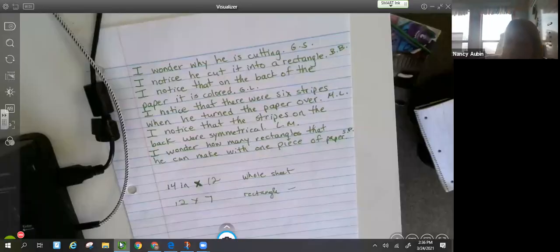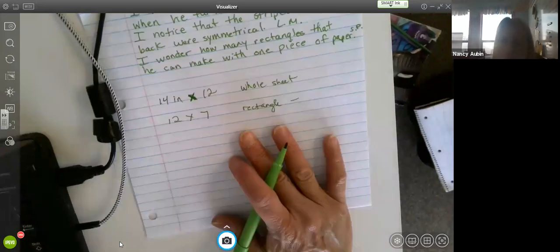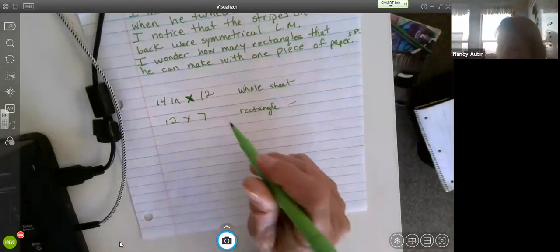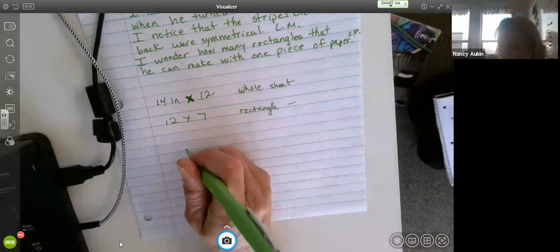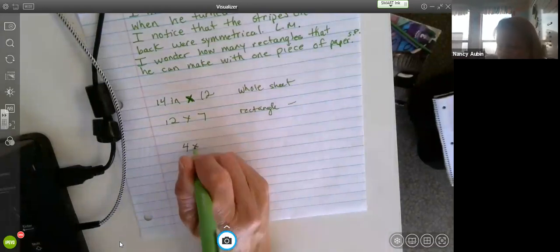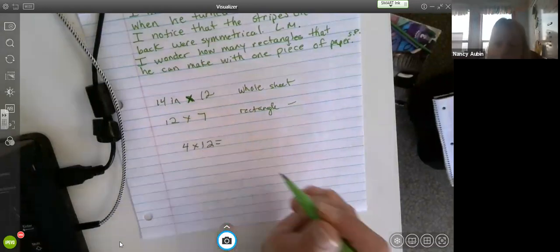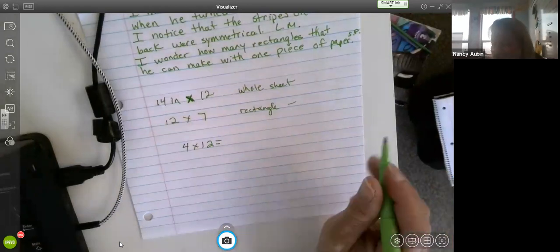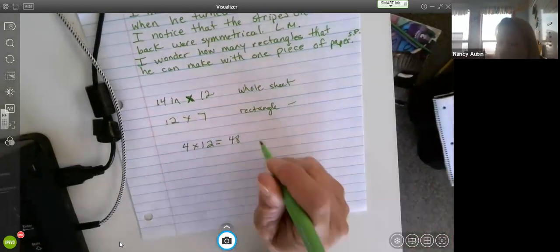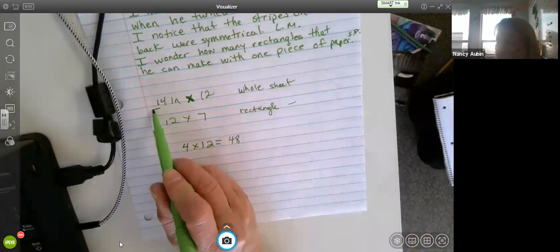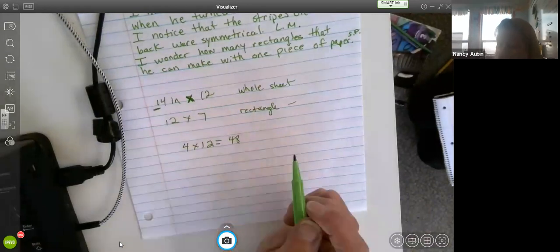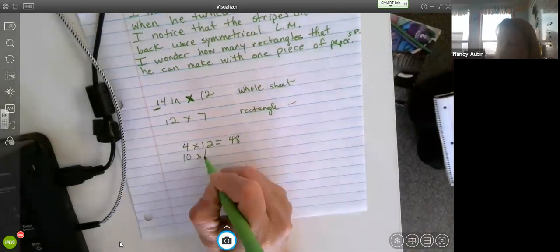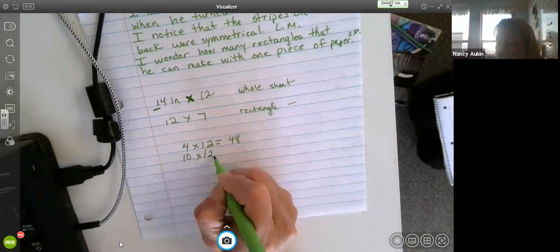So he knows that the whole sheet is 14 by 12. So he said first he's going to multiply 4 times 12, okay? What'd you get? 48. And then what about this 10? Do you have to do something with that? 10 times 12 would be 120.